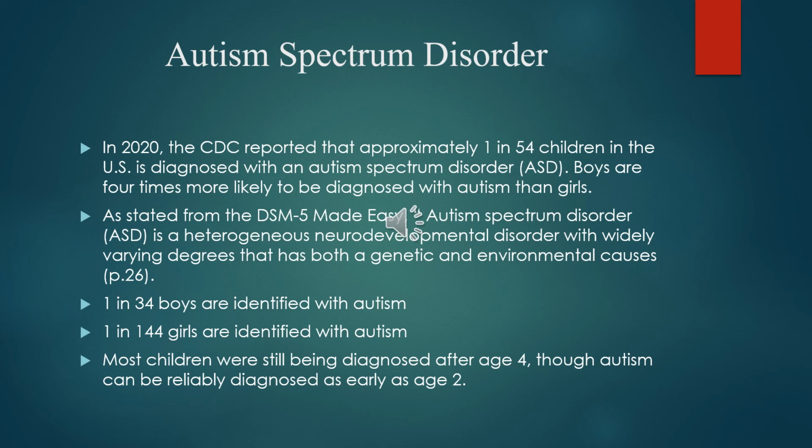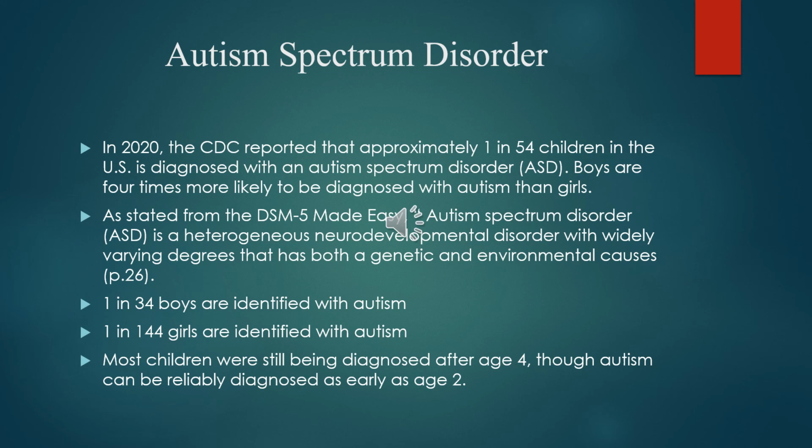Autism spectrum disorder is a very common neurodevelopmental disorder. In 2020, the CDC reported that approximately 1 in 54 children in the U.S. is diagnosed with an autism spectrum disorder, or ASD. Boys are 4 times more likely to be diagnosed with autism than girls.